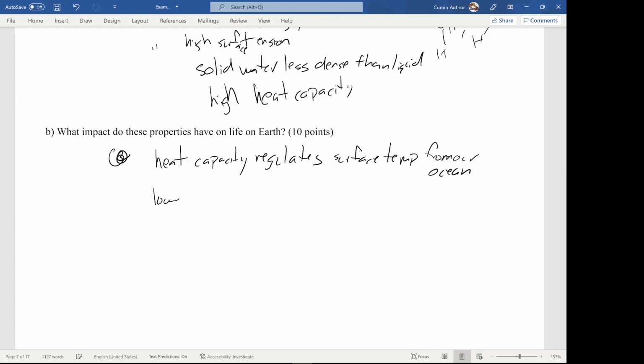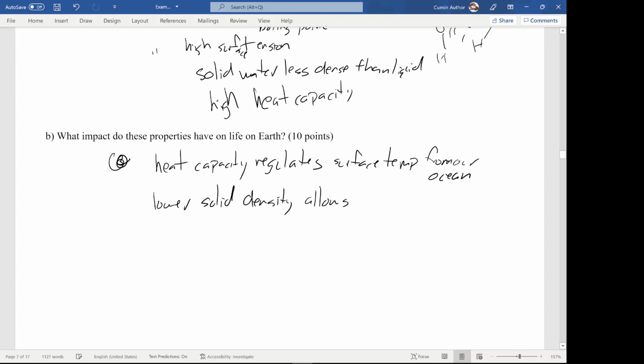The lower density allows habitability for lakes. Because if the ice was more dense, then lakes would freeze from the bottom up rather than the top, and there would be a good chance that the entire lake would freeze solid.